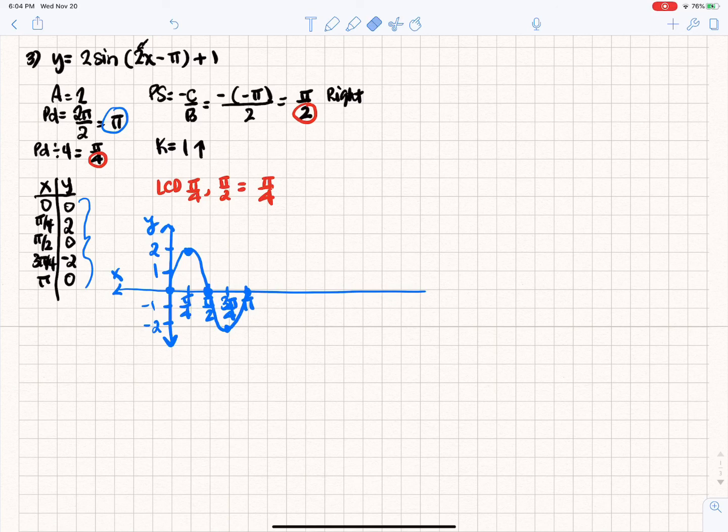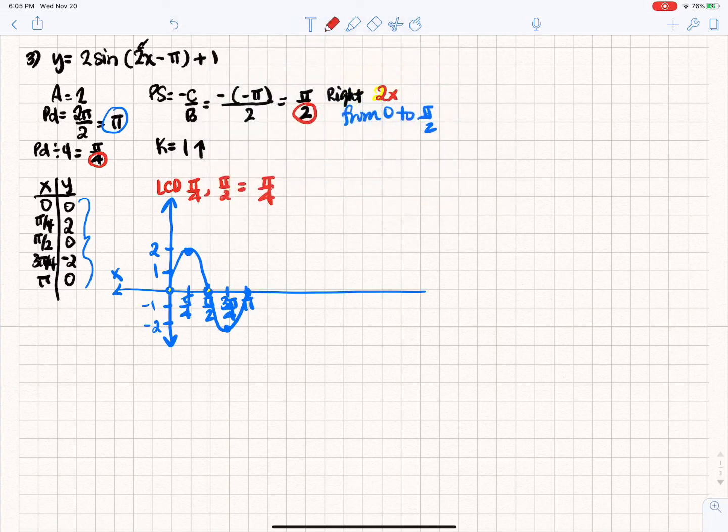Now, from 0 to pi over 2, because our phase shift is pi over 2, how many times are we going to shift to the right? Okay, look at the graph. Here's 0, and here's pi over 2. So how many times are we going to shift? We're going to shift to the right 2 times.